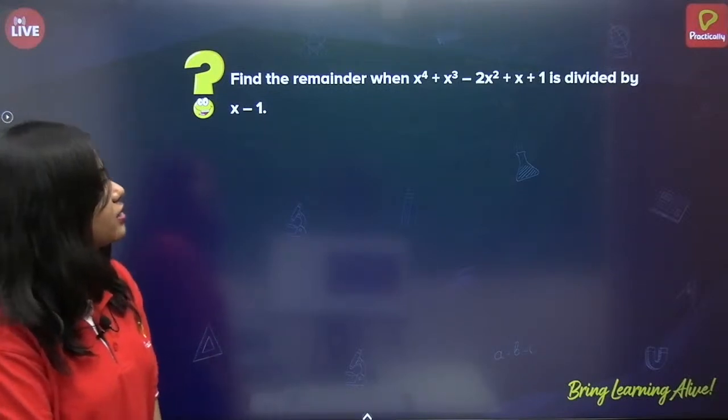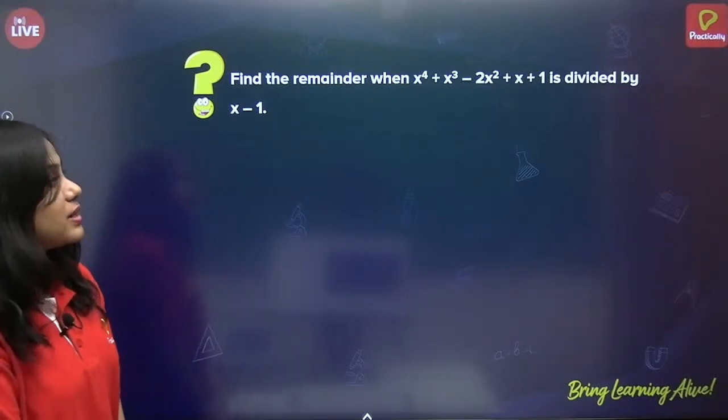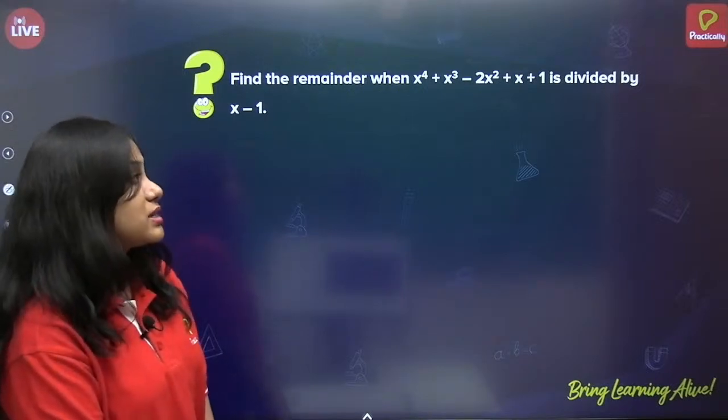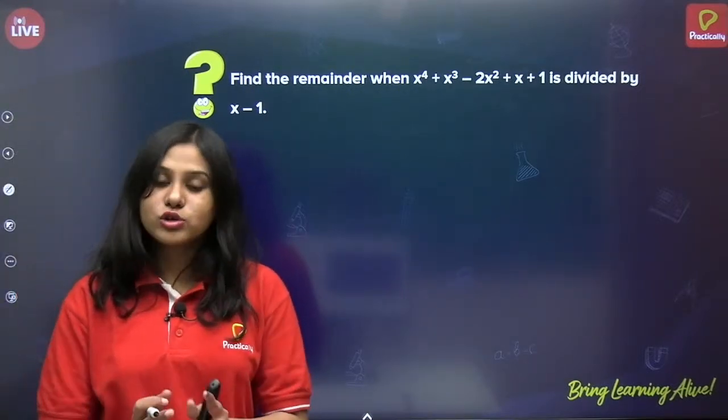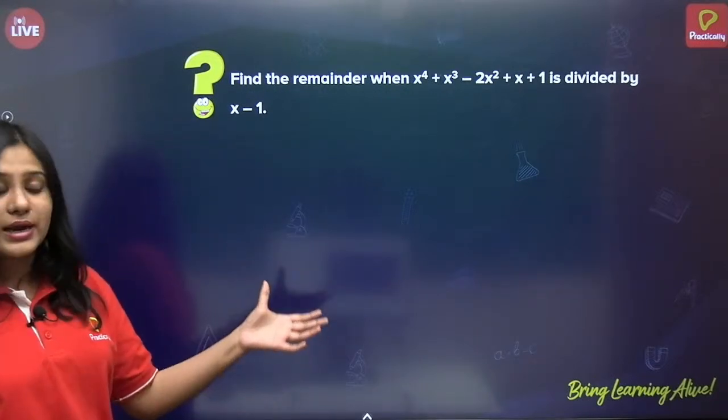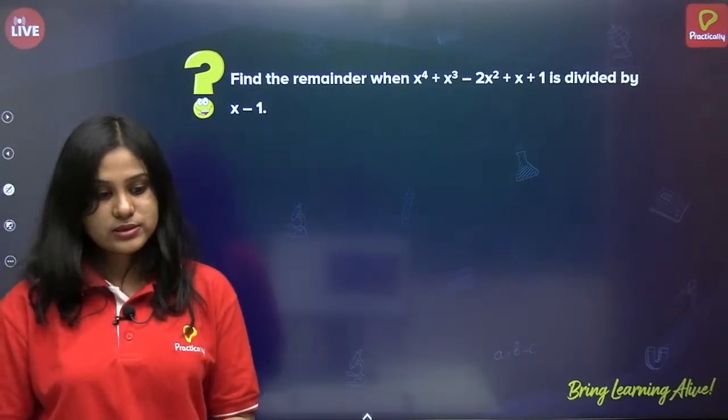Find the remainder when x power 4 plus x cube minus 2x square plus x plus 1 is divided by x minus 1. Now you know the concept, please apply it and let me know the answer in the comments.